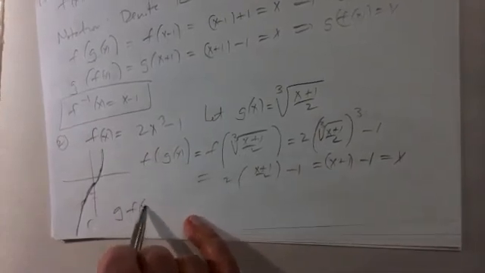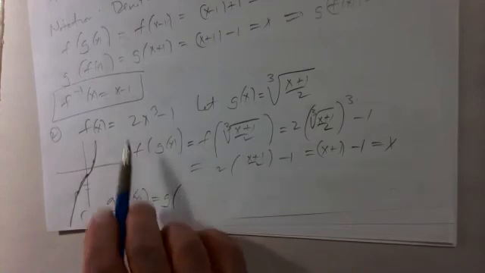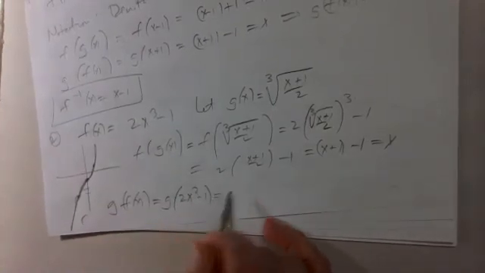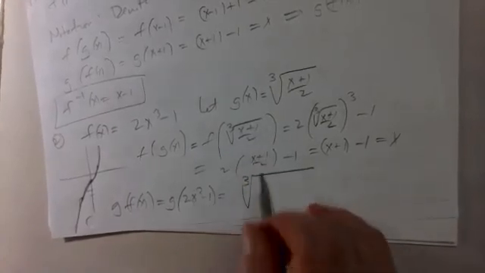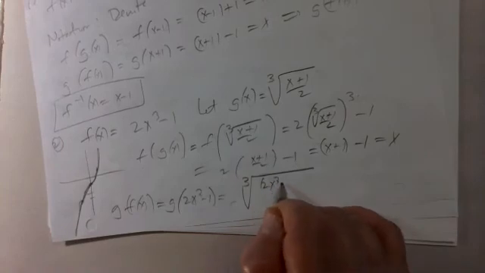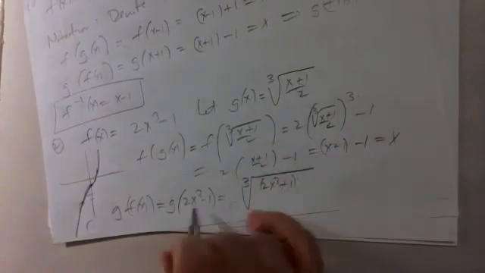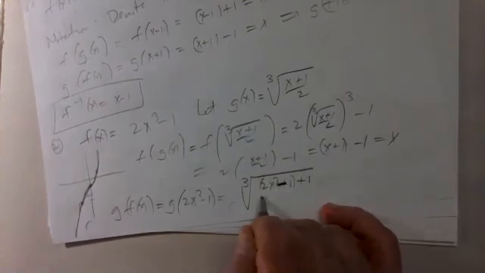What is g of f of x? That's g of 2x cubed minus 1. That's the cube root of 2x cubed minus 1, plus 1, over 2.